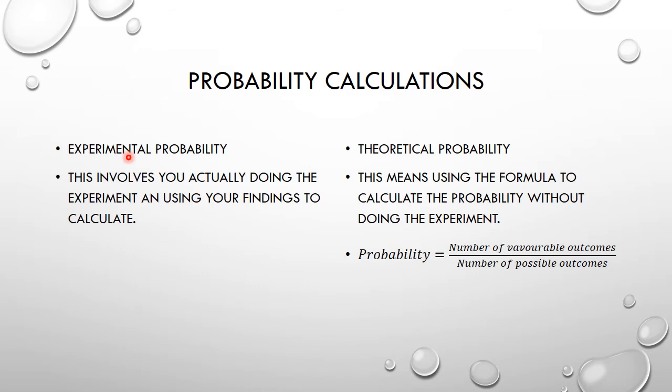Experimental probability, on the other hand, involves you actually doing the experiment and using your findings to calculate. So experimental probability will be the number of favorable outcomes out of the total number of trials. In other words, the number of times that you got what you wanted out of the total number of experiments you conducted.